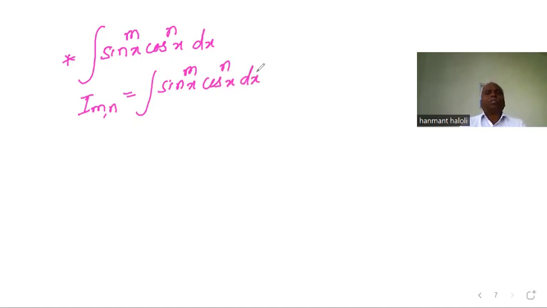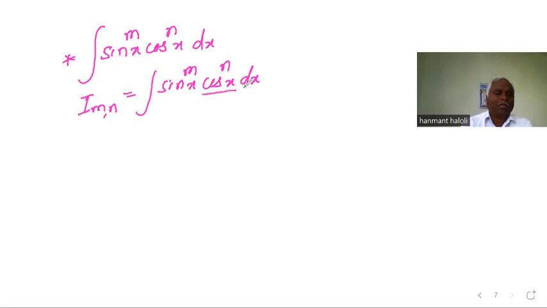For this course they will not ask you how to get these reduction formulas. Even if they ask, you can split it into the required integral forms, converting into two functions.